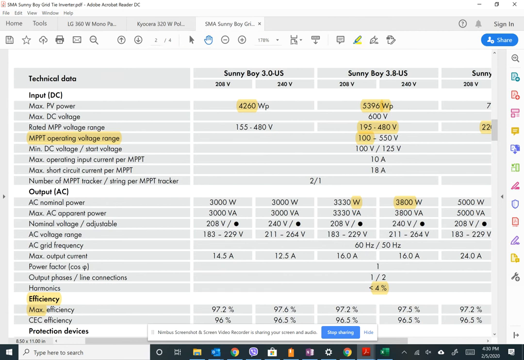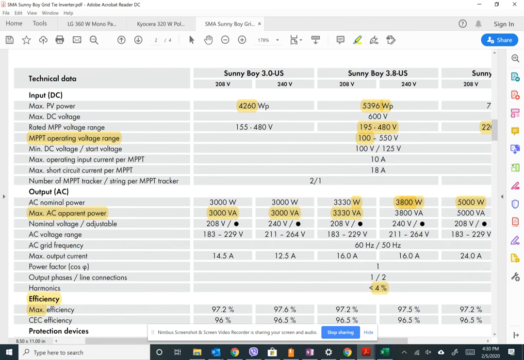That is this number right here, the one that I am highlighting and unhighlighting. Okay, so if your output exceeds that, it will clip off whatever additional it's outputting. It's only rated for that much of an output.